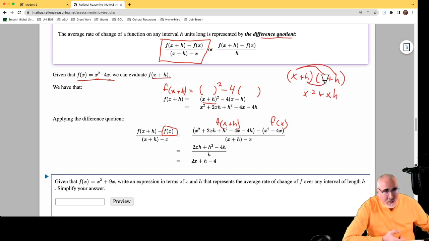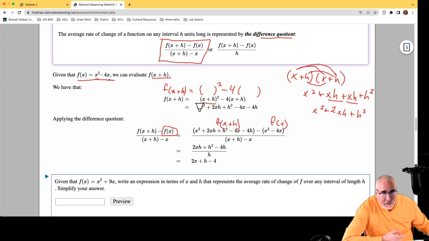And then you've got h times x, which we also write as xh because multiplication is commutative. And then the last terms, h times h, plus h squared. Notice that we do have two like terms, xh and xh. You can add those together and get 2xh. So x squared plus 2xh plus h squared. And that's what they've done here. They've done all that work, but they didn't show how they got there.